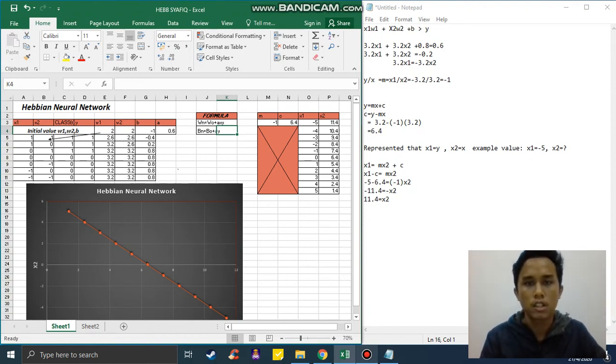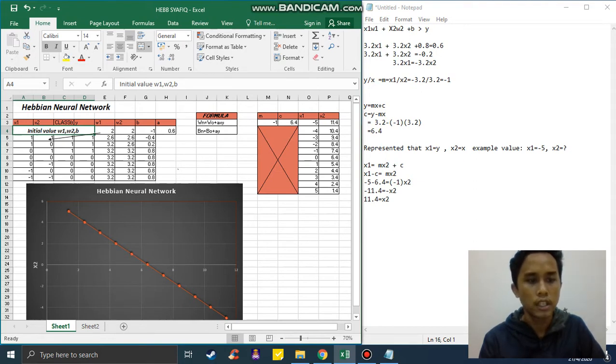Dr. Razali, my name is Ahmad Shafiq bin Azman, and this is the assignment that I will present about the Hebbian method. For the first one, we have inputs x1 and x2, and the class which is a and b.